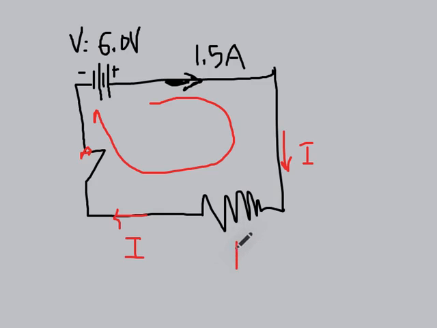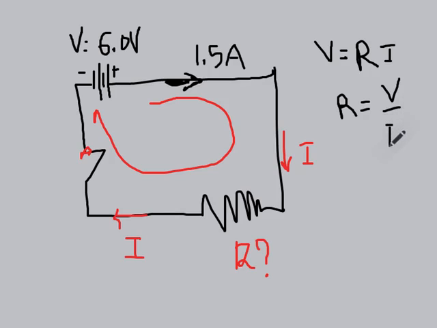So again, you can draw over the wire or just inside the wire. Now the question: what is the resistance value? Again, to solve the problem, it is very simple: use Ohm's law. Ohm's law is V equals R times I. So from this, you can get R equals V divided by I. This circuit here is the very simple one.